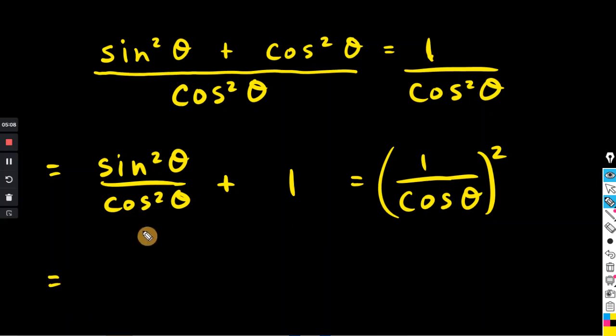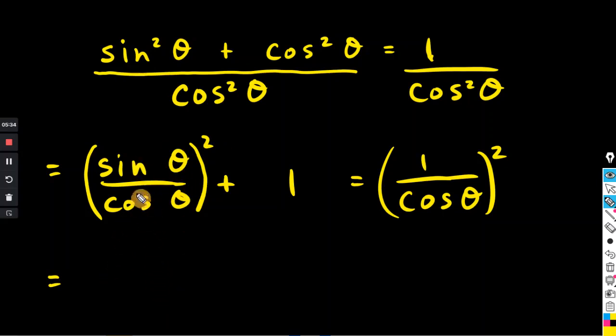And this right here, instead of sine squared over cosine squared, we can just put the squared on the entire fraction like so. All right, I'm not sure if that's what I did last time, but sine squared over cosine squared, same thing. When you square the fraction, you square each one individually.